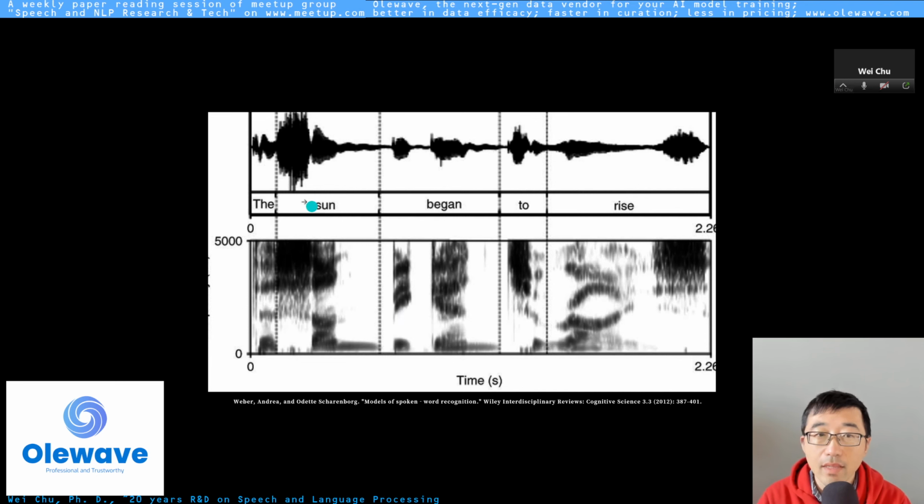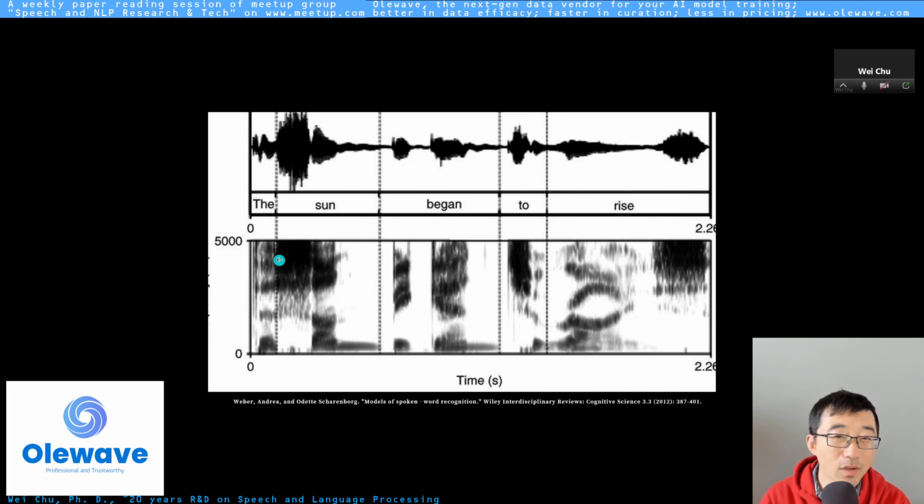And then when you say this section, the sun, right? This involves telling the boundaries between the vowel and a consonant. And over here, you can see that they put it here. But you cannot just draw the boundary by listening.